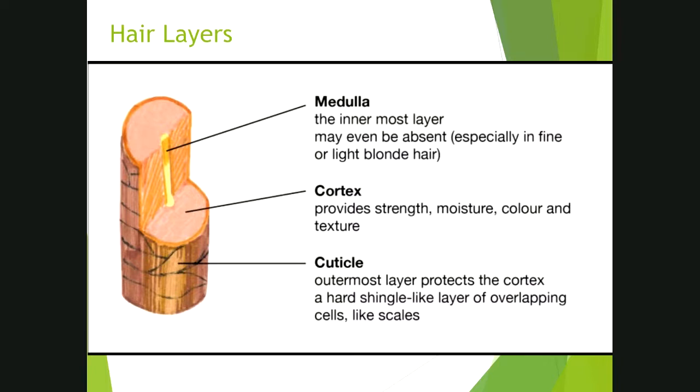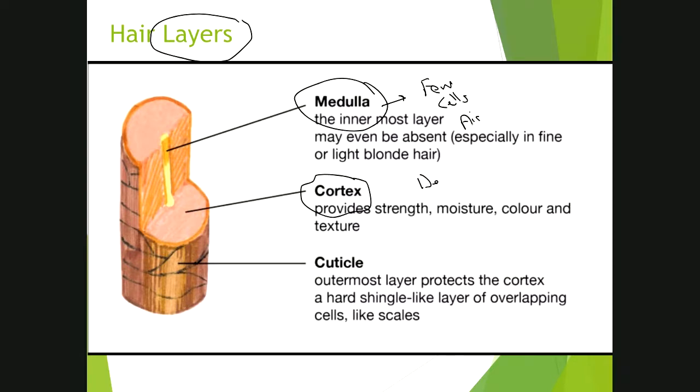Well, here's what a hair looks like. It's got layers to it. In the center of the hair is called the medulla. In the center there's very few cells. Sometimes there's actually air in here. Gray hair has air in the middle. And then there's a layer around that called the cortex. And the cortex has lots of cells. It's dense.